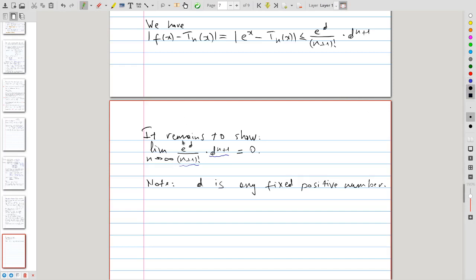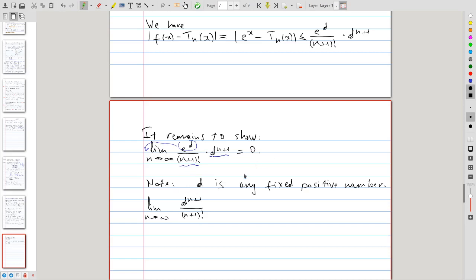So we can take the e to the d outside the limit and only care about the other two terms. So let us work with the limit as n goes to infinity of d to the n plus 1 divided by n plus 1 factorial.